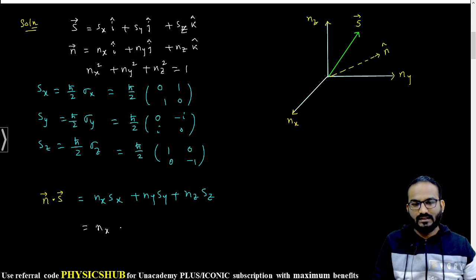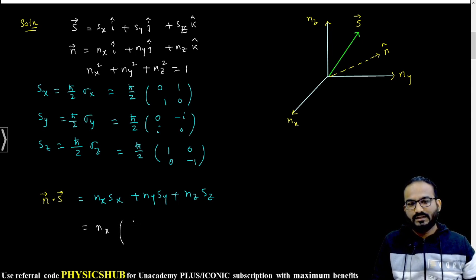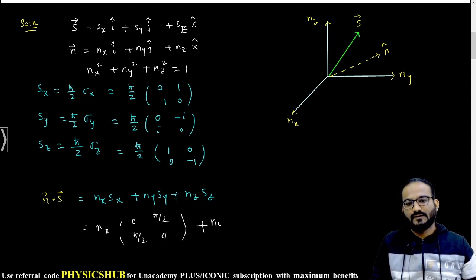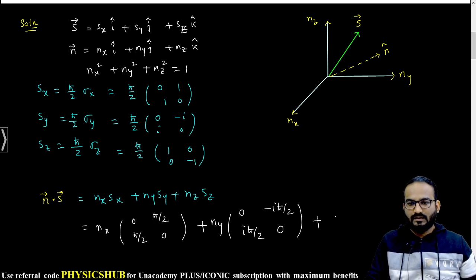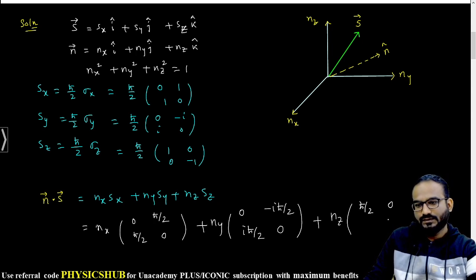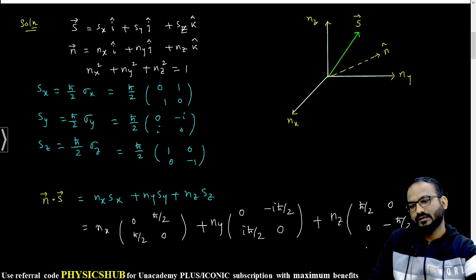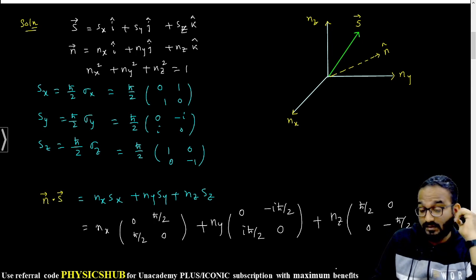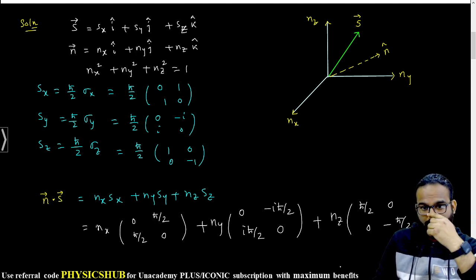Writing it simply, we get h cut by 2 nx times the matrix for sx, plus ny times h cut by 2 times the matrix 0 minus i, plus i 0, plus nz times sz.